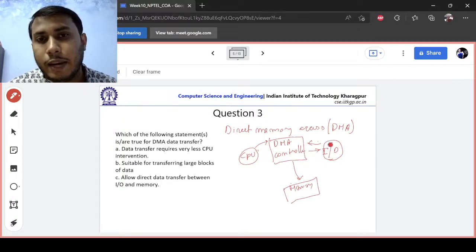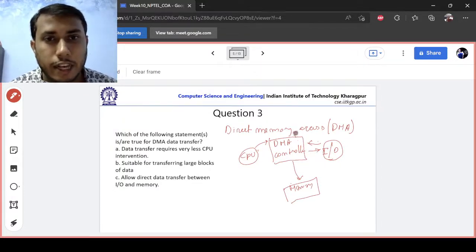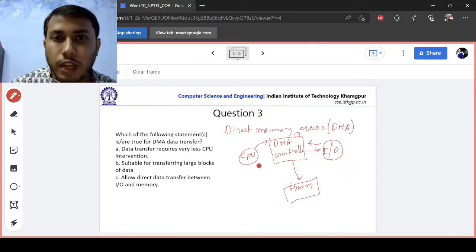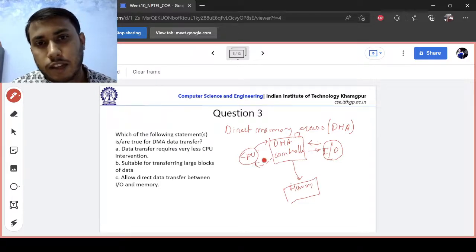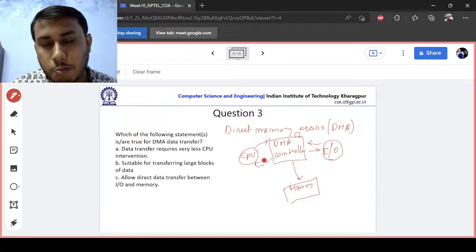That entire management operation is done by the DMA controller, and when the operation is complete, it sends a signal to the CPU that the data transfer is done, now you take back the responsibility.